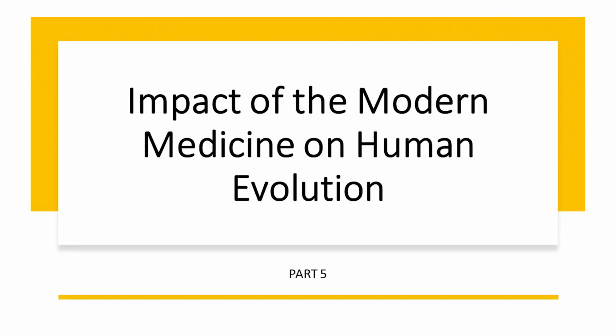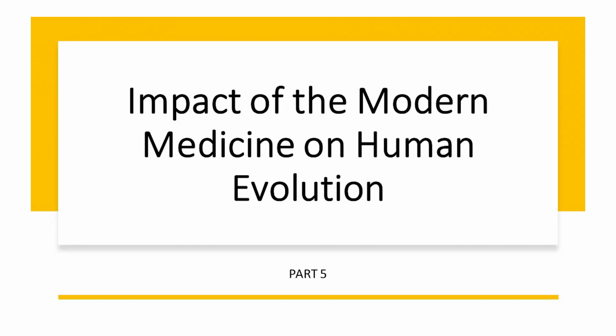Once we have seen how positively it is impacting health, at the same time, now I'll come to a very debatable or complex topic. And the topic is, how does modern medicine impact human evolution? Now we all know Darwin's theory.